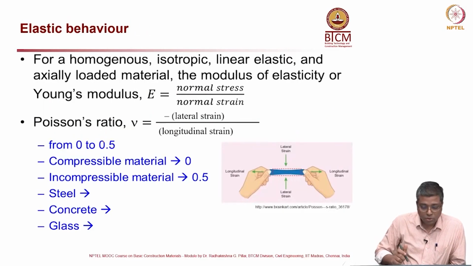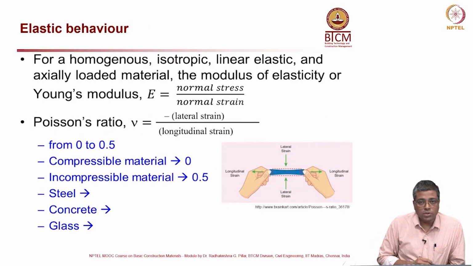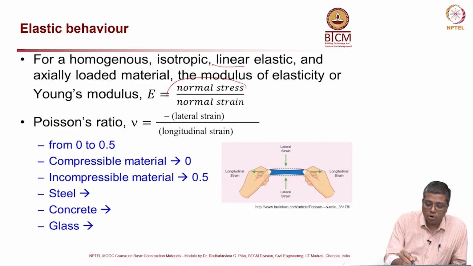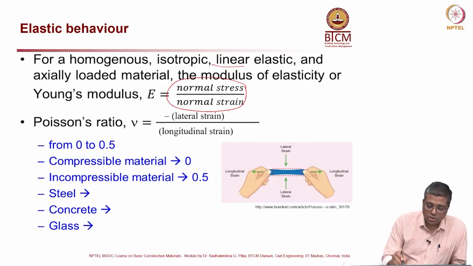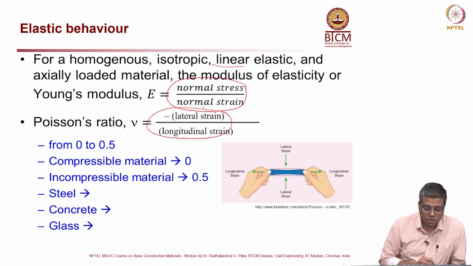Okay. So, homogeneous and isotropic means same property in all directions, linear elastic, linear, okay, and axially loaded material. The modulus can be defined as normal stress divided by normal strain. That is a material property. It does not change as a function of the cross section of the specimen which you use to test, and Poisson's ratio is negative of lateral strain divided by the longitudinal strain.